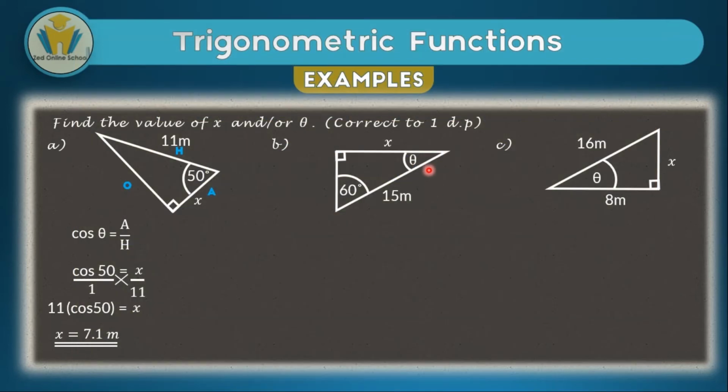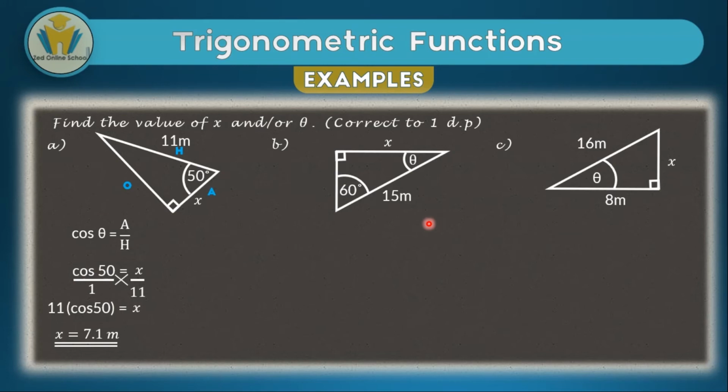As you can see, we don't have two lengths in this diagram. Therefore, we need to use this 60 degrees and the 15, that is two things, to find the third thing, which is x. Like I said earlier, you need two things given in your trigonometric functions and one thing missing to be able to find that missing thing.